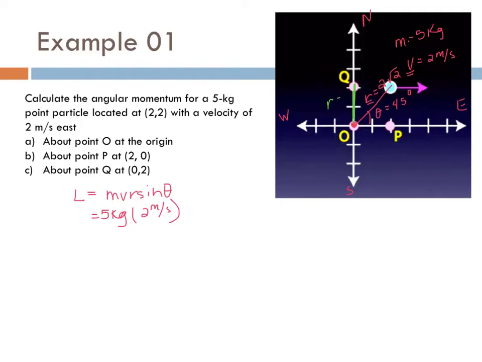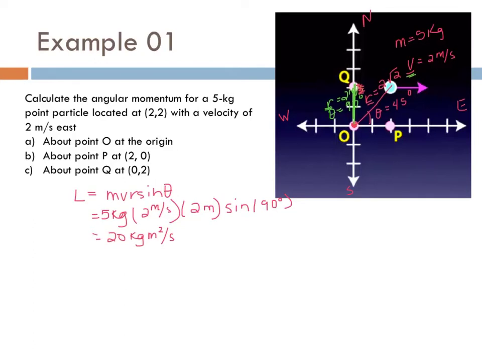So this component of r would be 2 meters, and the angle between this r and v would be 90 degrees. I'm going to use that one instead. So plugging all of that in, you get an angular momentum of 20 kilograms meters squared over seconds.